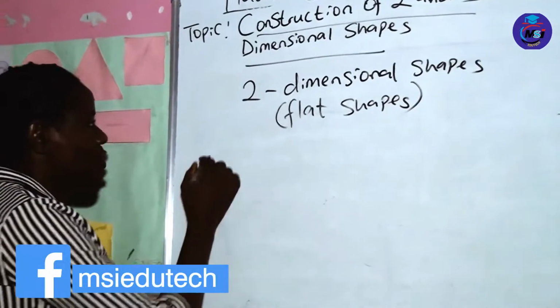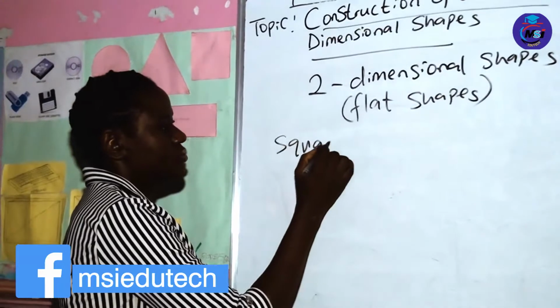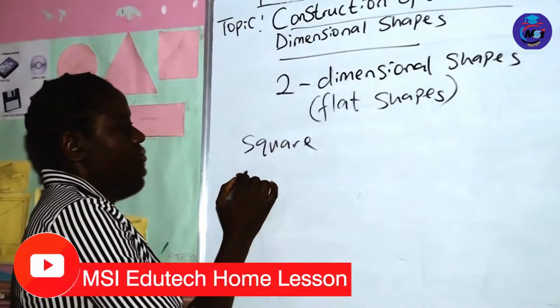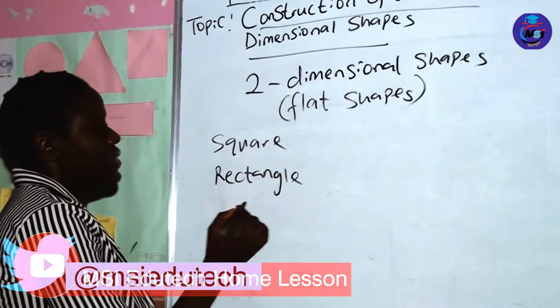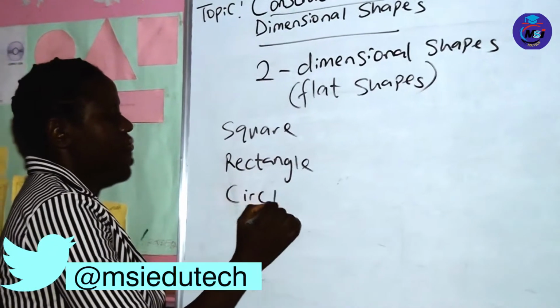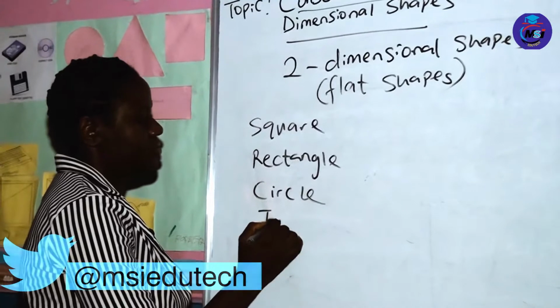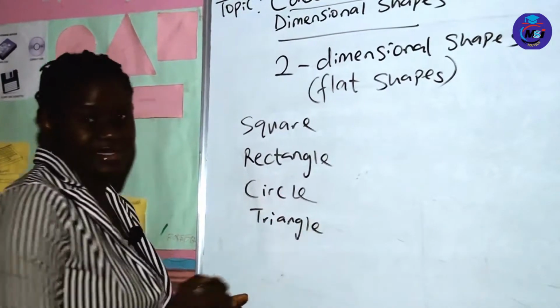So we have square, rectangle, circle, and triangle as examples.